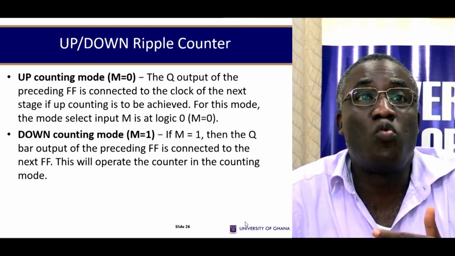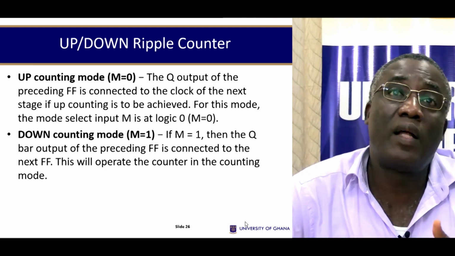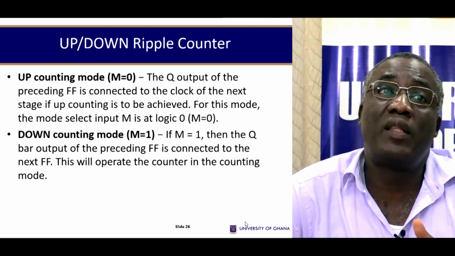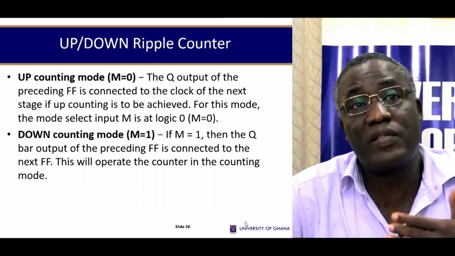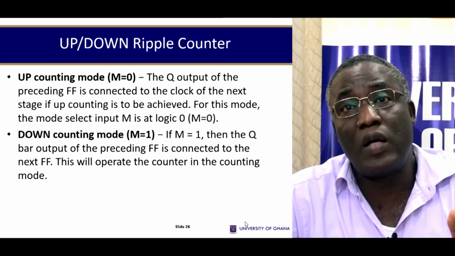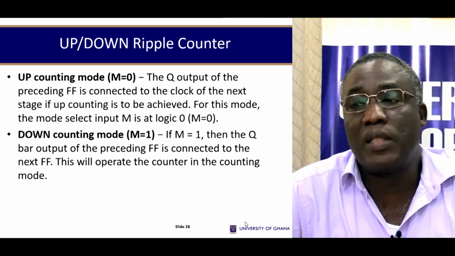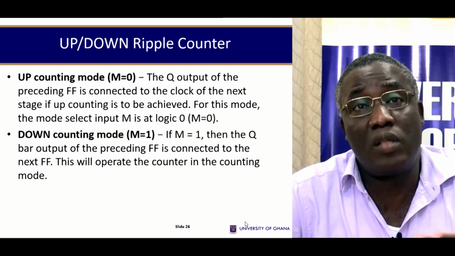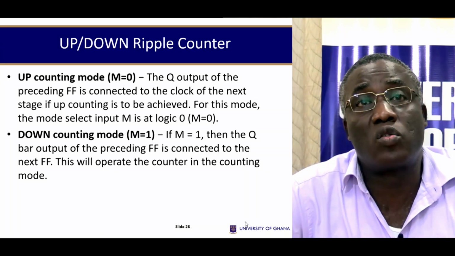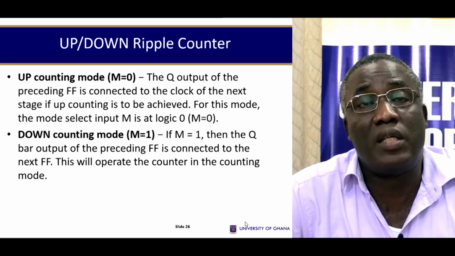For this mode, the mode select input M is logic 0. And then for the down one, if M equals 1, then the Q bar output of the preceding flip-flop is connected to the next flip-flop. This will operate the counter in the down counting mode as well. So that is how it works. But again, the details of this you find in the textbook, which you can consult to see precisely how it is done.